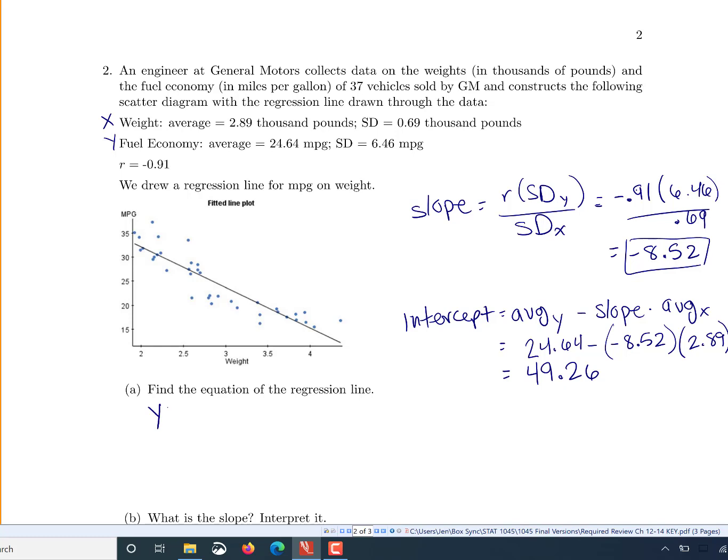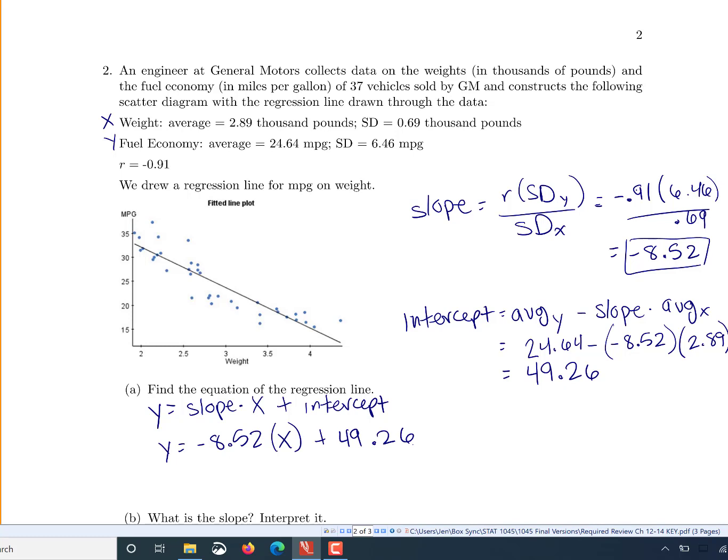Now the equation of your line, y is always equal to your slope times x plus the intercept. So in our case, y is going to be equal to our slope of negative 8.52 times x plus the intercept of 49.26.